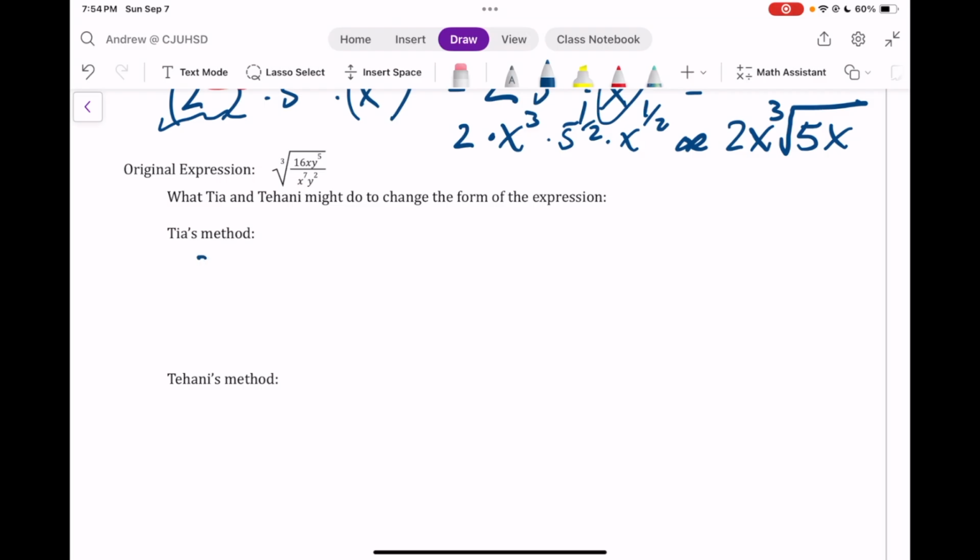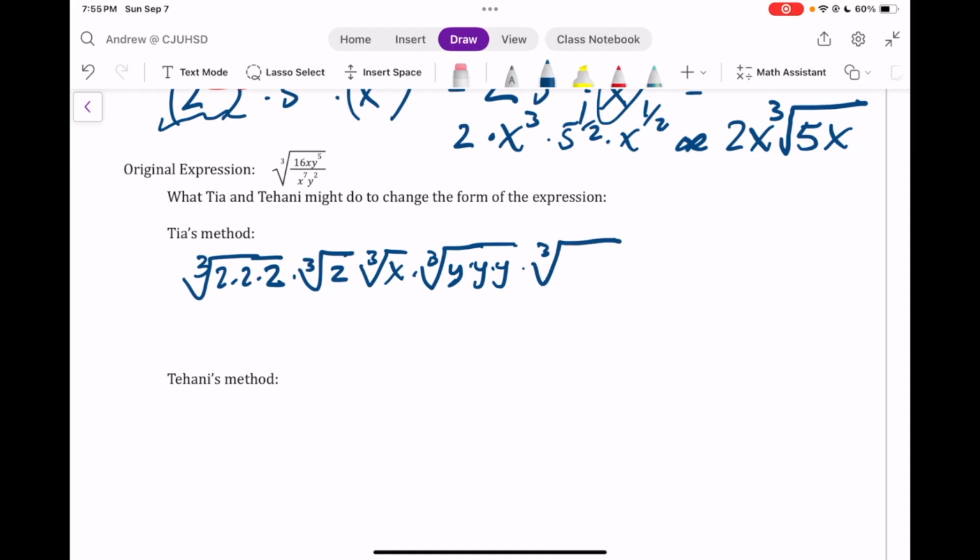So the cube root of 2, 2, 2, and then an extra cube root of 2. Then she's got the cube root of x, and then y to the 5th would be the cube root of y, y, y, and then another cube root of y and y.